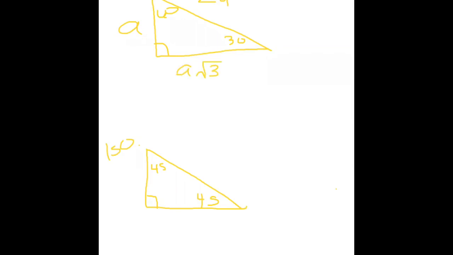Meaning if you have a 30, 60, 90 triangle and they tell you a equals 2, you know that the height is going to be equal to 2. The base is going to be equal to 2 root 3. And the hypotenuse is going to be equal to 4. This is just by definition. Every time.